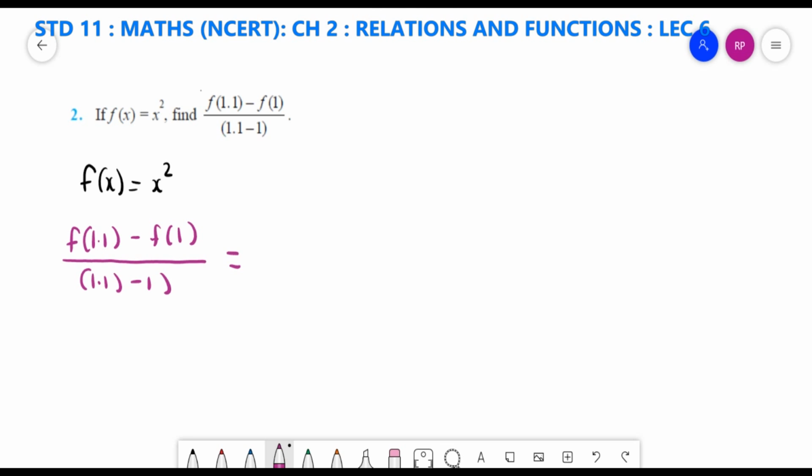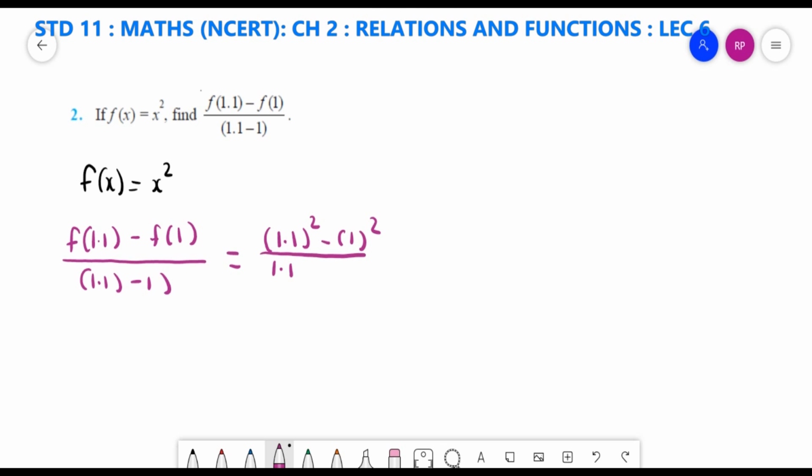So see here. Now f(x) is x square. That means f(1.1) will be 1.1 square, and f(1) is 1 square.